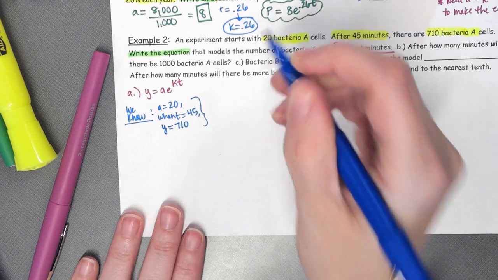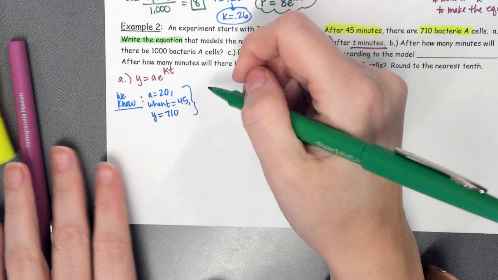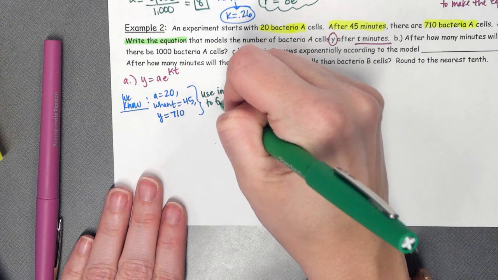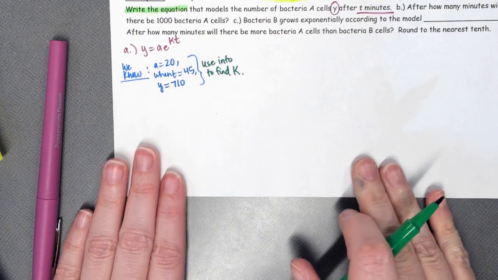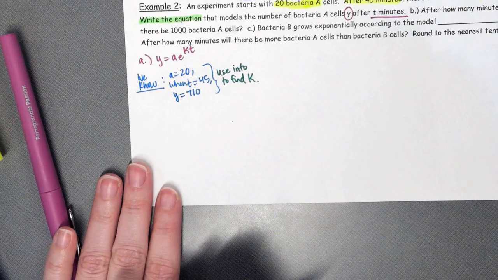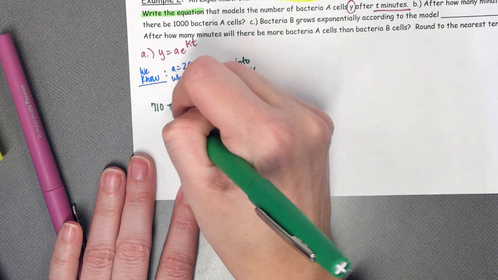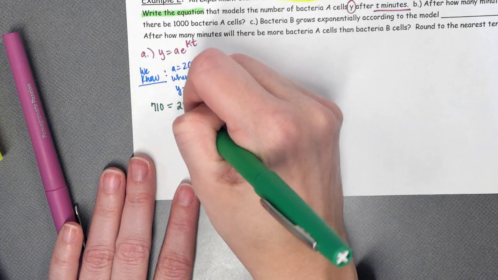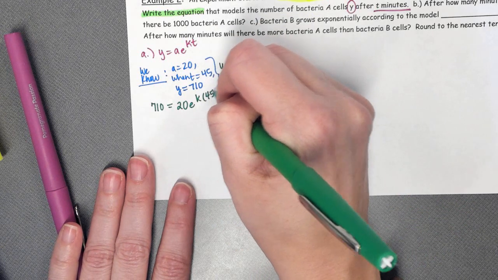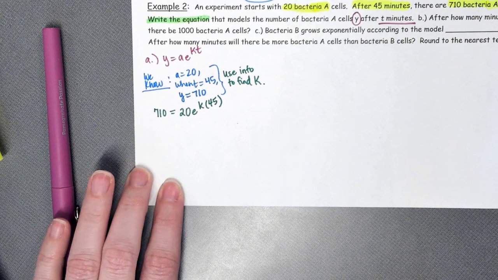So what we have to do is use that to find K. They will give you enough information for you to find this constant of growth. So we can plug in 710 equals 20 e to the kt, so 45 is T, and then we're going to solve.